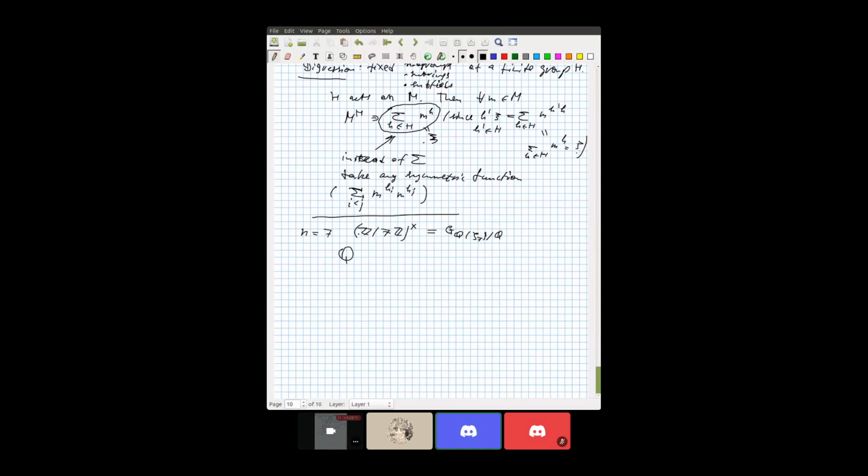So when you look for certain subgroups, please try to look inside of this group, because otherwise it will not be clear how to take invariants of the cyclotomic extension. You see?